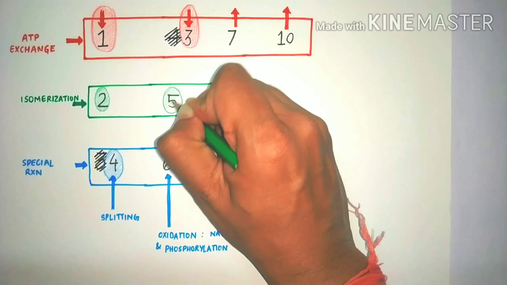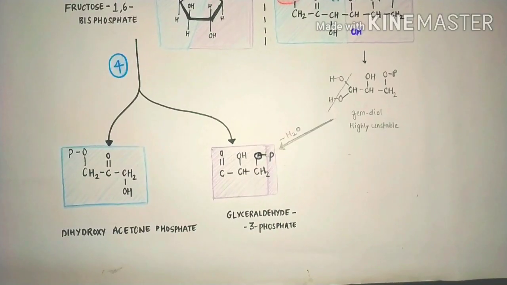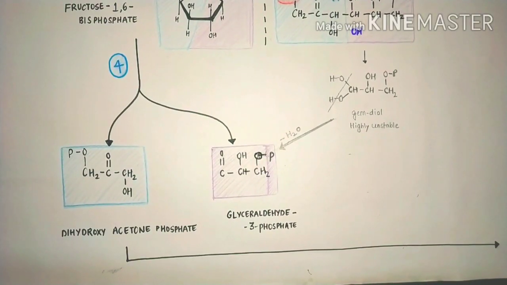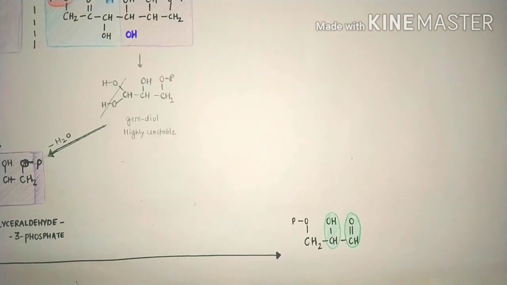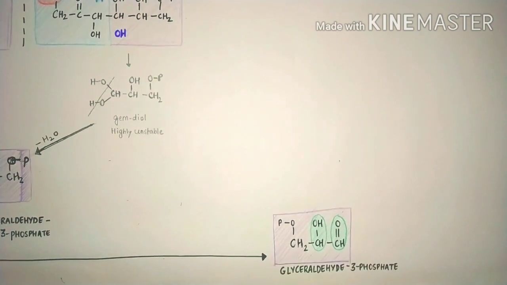Now, step 5, isomerization. We will look for COH and exchange it with the adjacent functional group as we did earlier. If you see the structure formed, it is the same glyceraldehyde 3-phosphate as we saw in step 4. Also, we saw that dihydroxyacetone and glyceraldehyde are isomers in part 2.